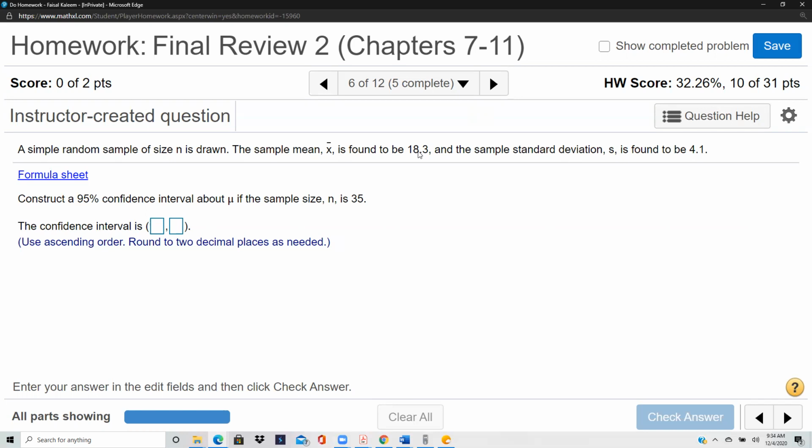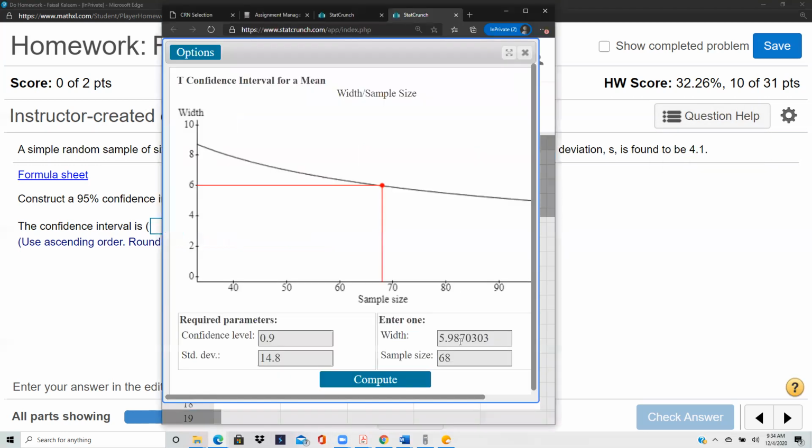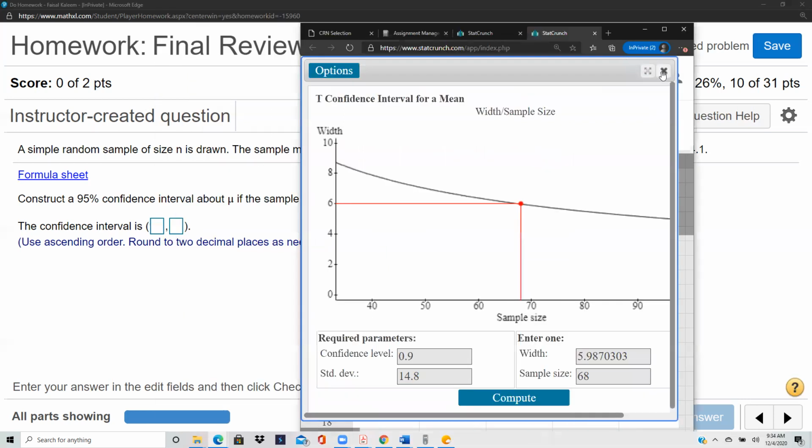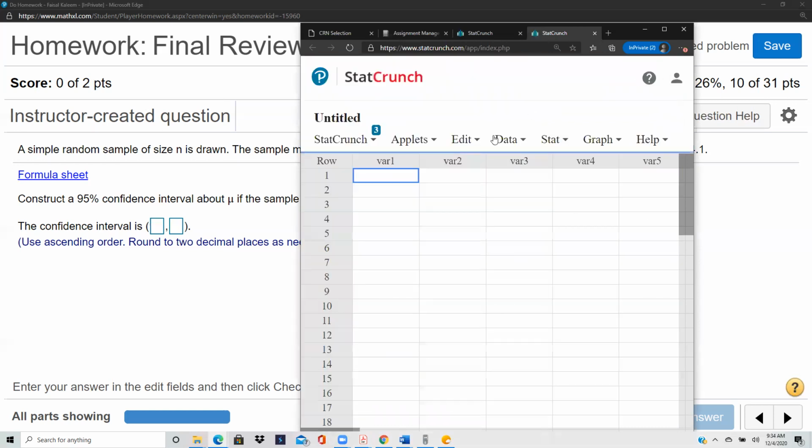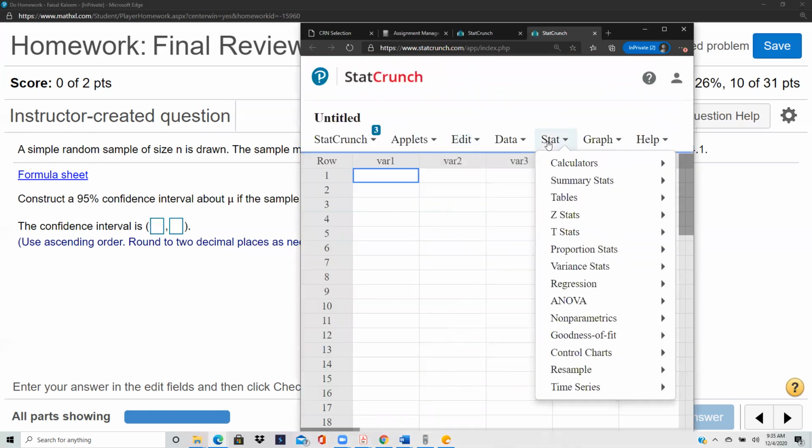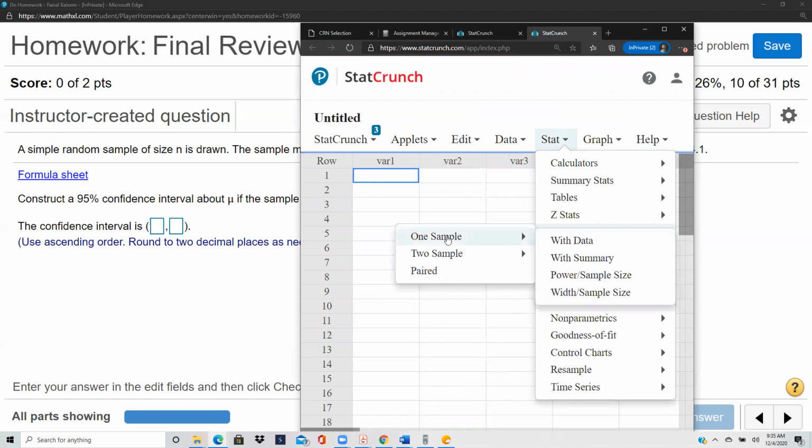So the sample mean is 18.3, standard deviation is 4.1, size is 35, and 95% confidence. Stats, T stats, one sample summary.